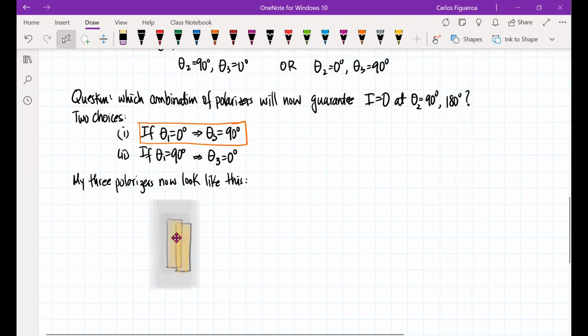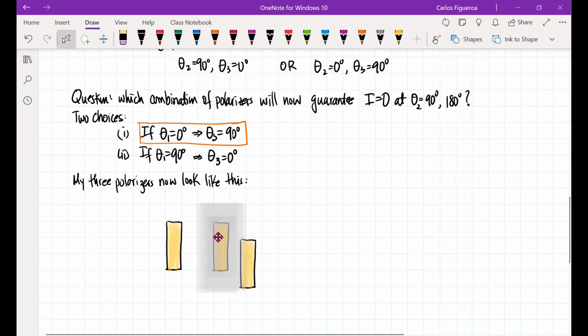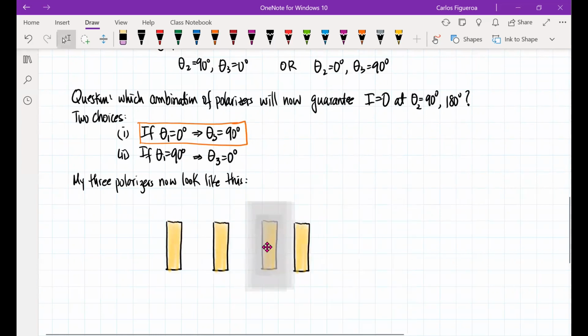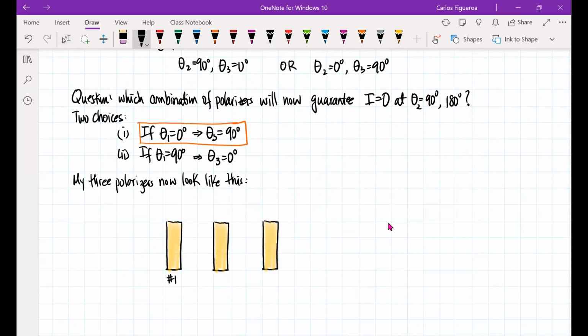Okay, here's 1, here's 2, and then the last one, I'm going to put right here. So now that I have that, this is polarizer number 1, number 2, number 3.